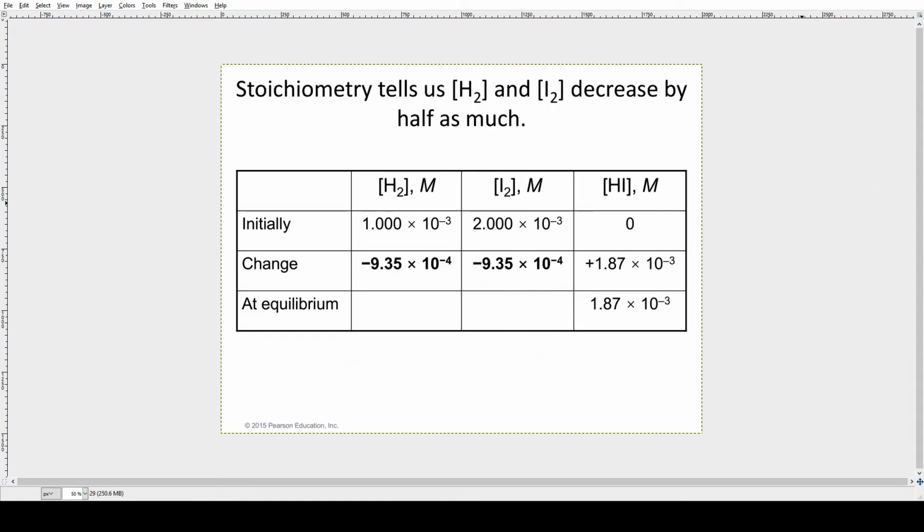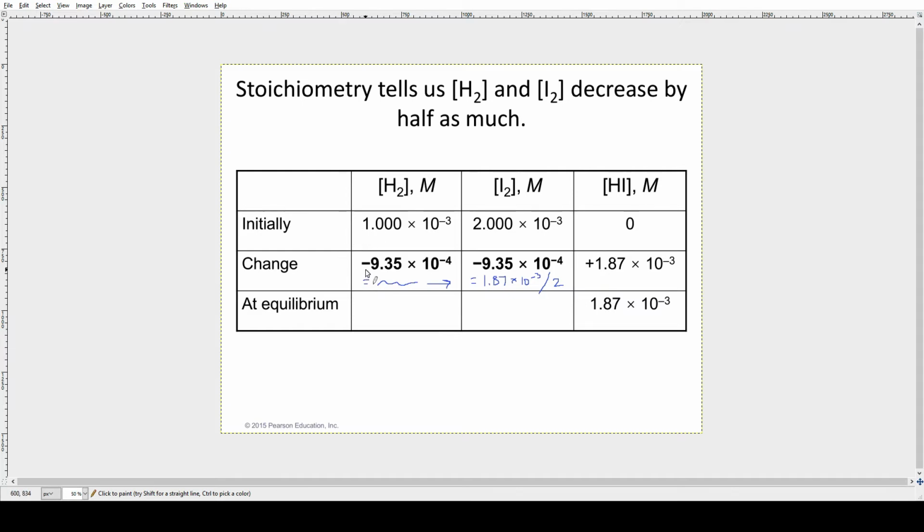There it is. So this number, if you want to double check it, it should be equal to 1.87 times 10 to the negative third divided by 2. That's what both of these are. They're the same thing. Okay, so now to figure out your equilibrium concentrations, you need to do this number minus that number.